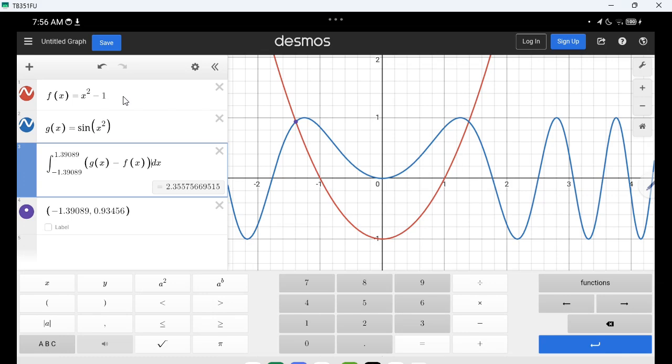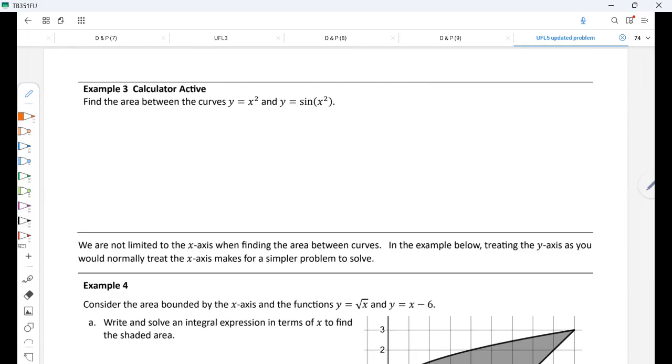So we end up with, fill out our paper, this one, 1.39 of, what was our higher function? Sine of x squared, right? And there you can see I put my parentheses in there.